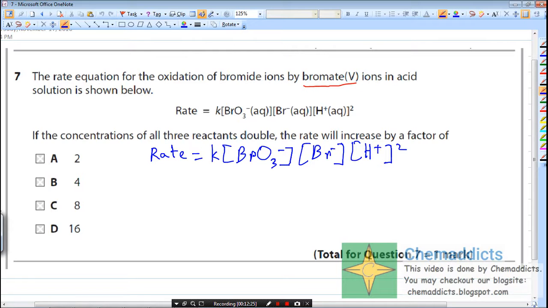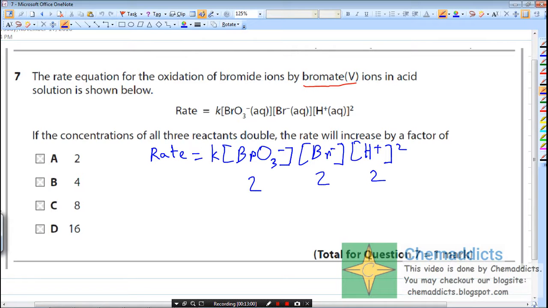Now let us read the question once again. The rate equation for the oxidation of bromide ions by bromate ions in acid solution is shown below. If the concentrations of all the reactants double, the rate will increase by a factor of what? They have said that the concentrations of all these reactants are being doubled, so this is doubled, this is doubled, this is doubled.